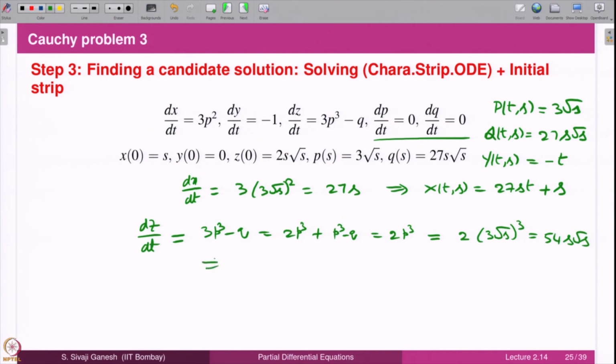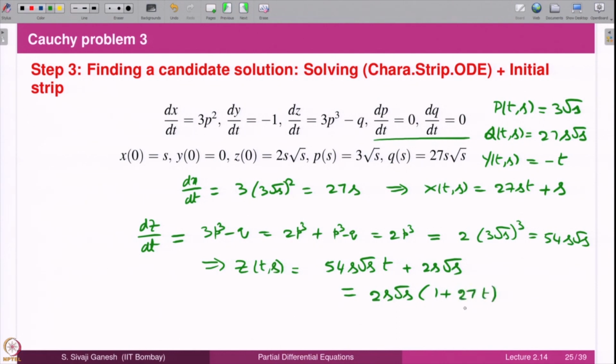Therefore, z of (t,s) is 54 s root s into t, because this is constant, does not depend on t. When t equal to 0, I want it to be 2 s root s. So, add 2 s root s, because this is 0 at t equal to 0. So, if you take 2 s root s common, 1 plus 27 t, this is what we have.